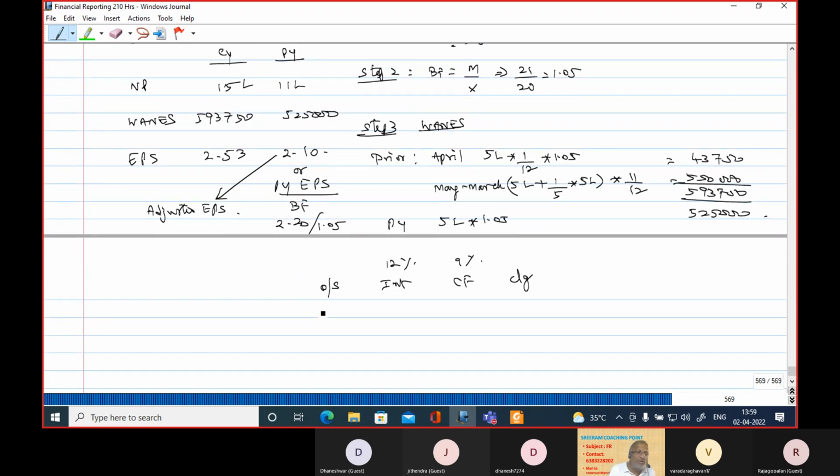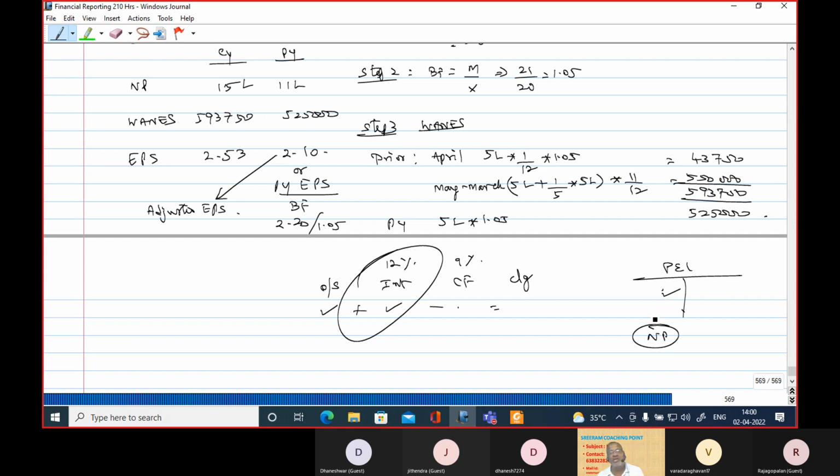We find out the opening capital, we arrive at interest at 12%, deduct this cash flow, and we arrive at the closing balance. Now, this interest is the one we would have debited in the P&L account. And now the question is whether the net profit is after deducting interest or before deducting interest. So one needs to check before we proceed further.